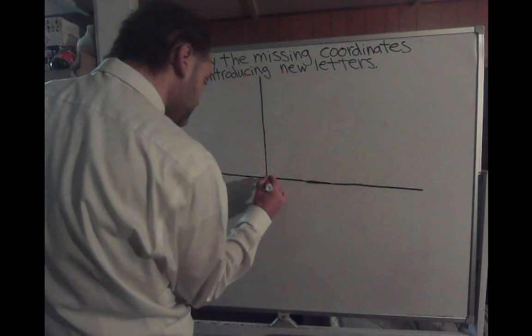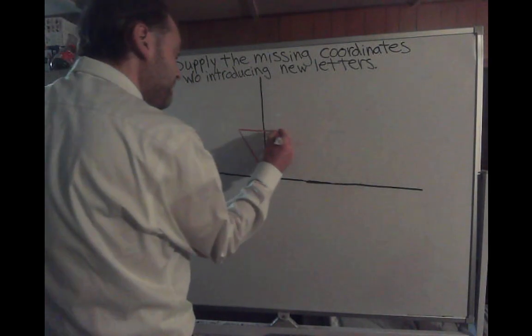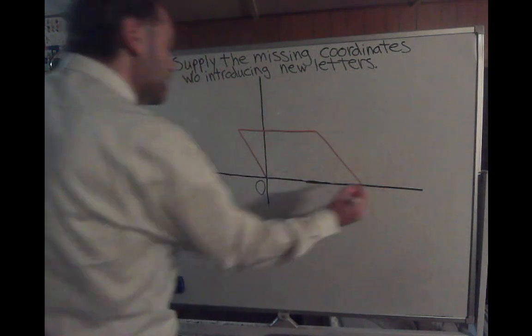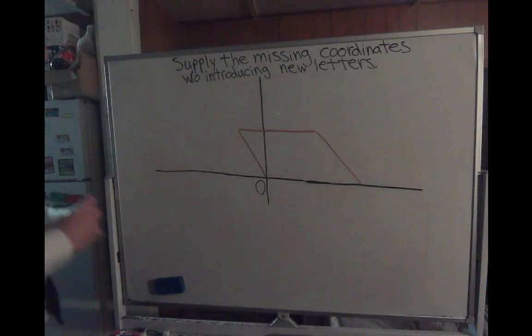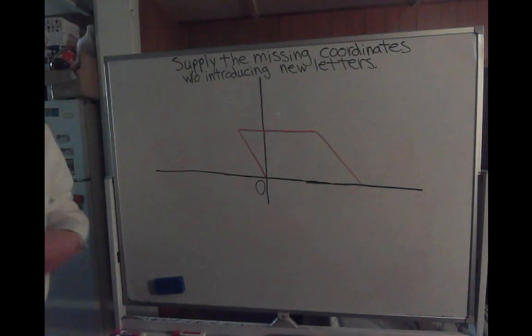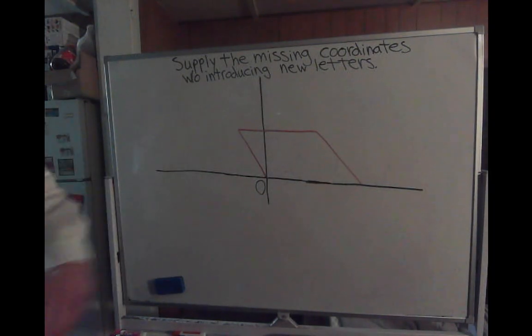Another parallelogram, but this time it's going the other way. Alright, so there is another parallelogram here. Of course, we got the bottom vertex at 0, 0. That's the bottom left vertex.